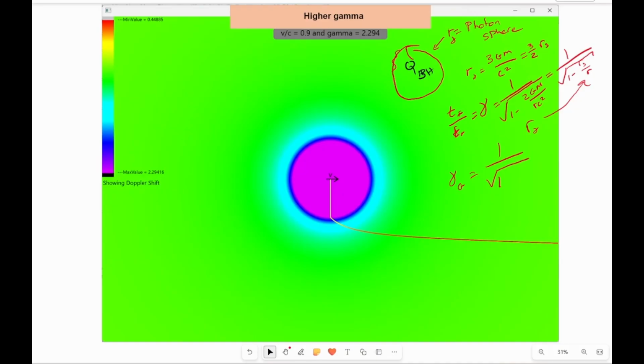So 1 minus, right, so 3 halves is now 2/3, and so that simplifies to 1 minus 2/3, which is 1/3, which essentially comes down to square root of 3, which is essentially 1.7. For an idea, there's a lot of decimals left out. But anyway, just for an idea, we can cause light to bend so much to orbit a black hole with only a gamma of 1.7.